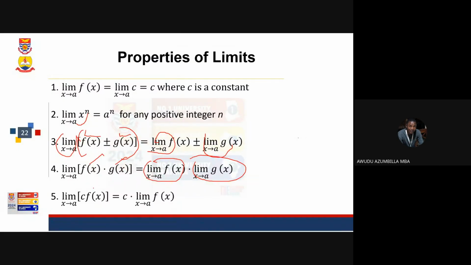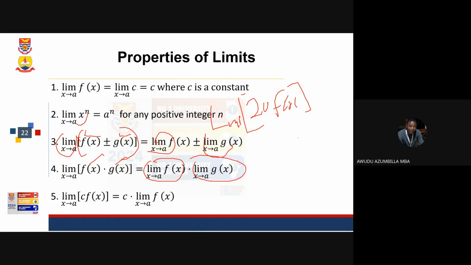Then the fifth one is also saying that if you have a constant, so you have 20 and a function of x, and you are applying the limit this way to all of them, it is not appropriate. So separate them, because from the beginning we said the limit of a constant is the same constant.